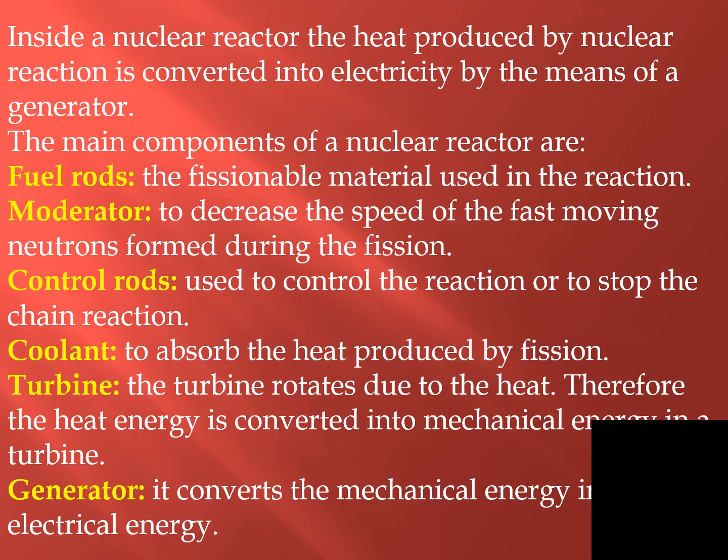Now, what are fuel rods? The fuel rods are strips or rods usually made of radioactive materials like uranium, otherwise polonium, uranium 235, otherwise plutonium 239. During the fission, a large amount of energy is produced, and at the same time it involves the release of one or more neutrons.